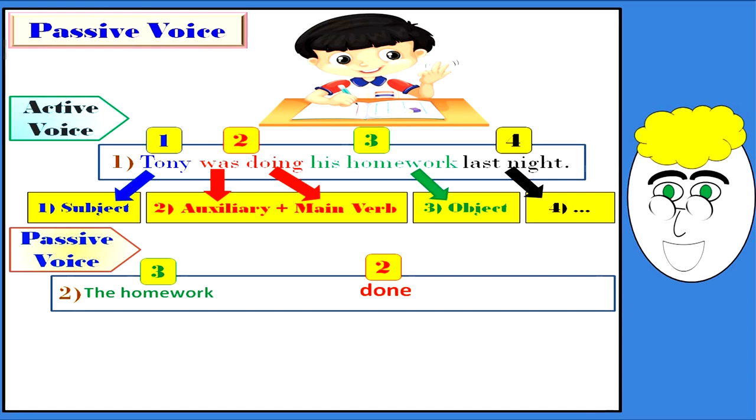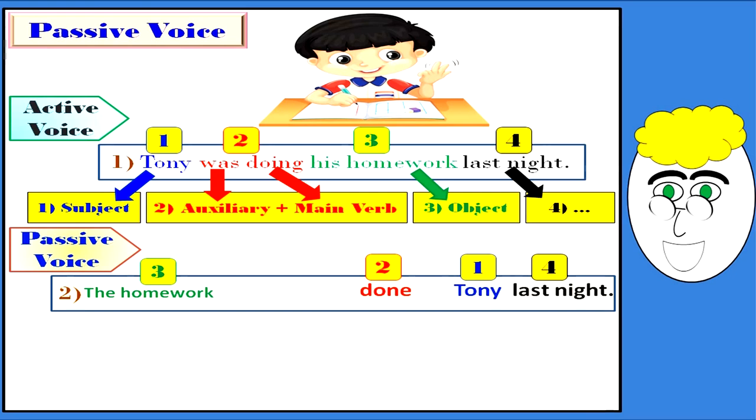Okay, the main verb. As you can notice here, there is a change. We'll talk about this change later, don't worry. Next is part number 1, or Tony. And finally, part number 4, or last night. So the new sentence is: the homework done Tony last night.